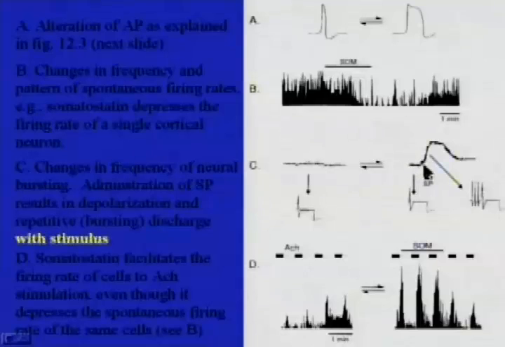The neuropeptides can, through metabotropic mechanisms, alter the ion channel features in the membrane nearby a synapse or in the whole cell itself, and you get the membrane potential V sub m becoming more positive, approaching threshold, such that when either an electrical stimulus or excitatory synaptic input occurs, it can display characteristic firing patterns, in this case a burst of action potentials.